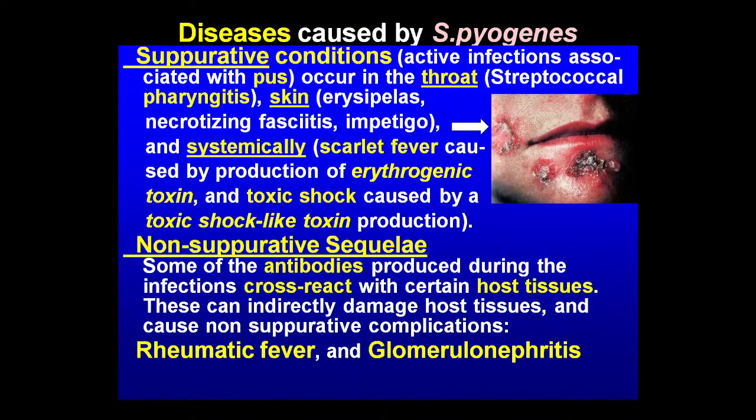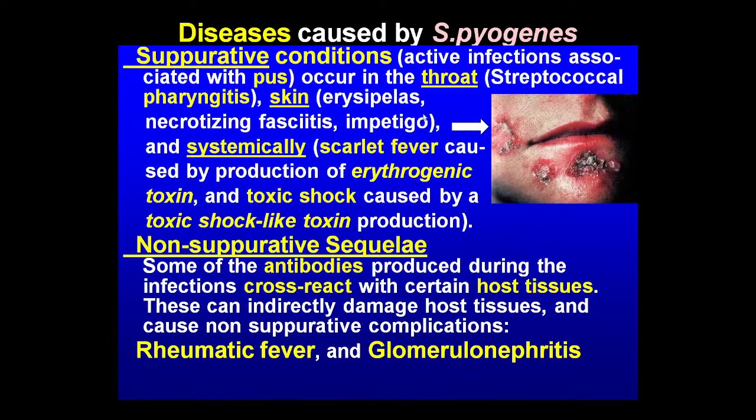So, Streptococcus pyogenes. The thing is that diseases caused by this streptococcus are divided into two broad categories. First, these are suppurative diseases or suppurative conditions when pus is formed. And non-suppurative sequelae of previous suppurative infections. So what suppurative infections or conditions are caused? For example, the multiplication of it in the throat may cause very severe so-called strep throat.